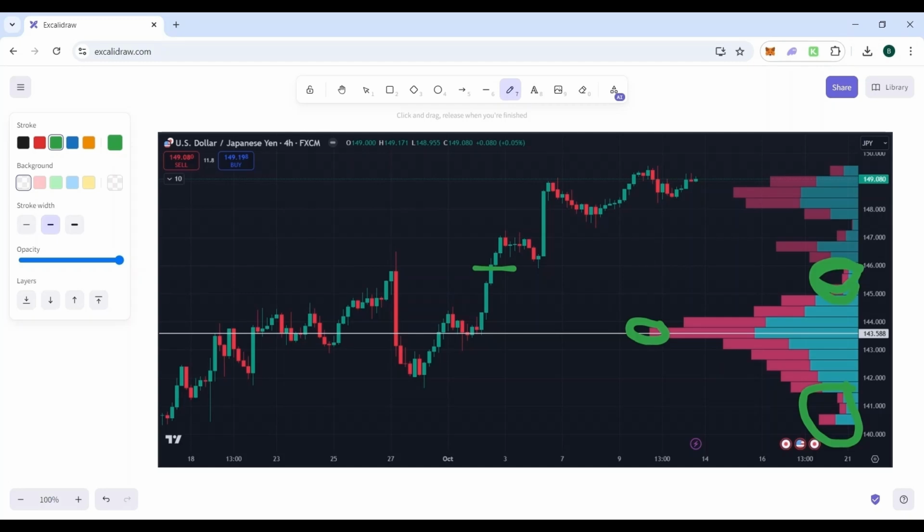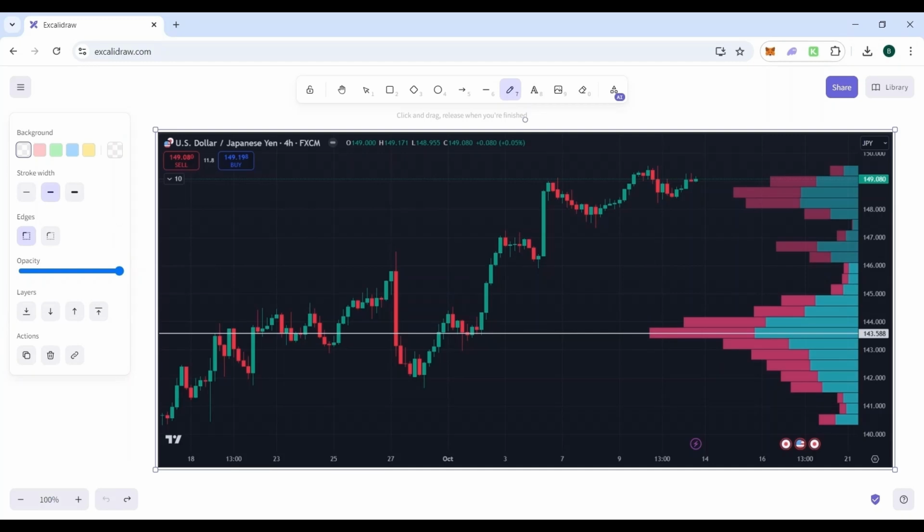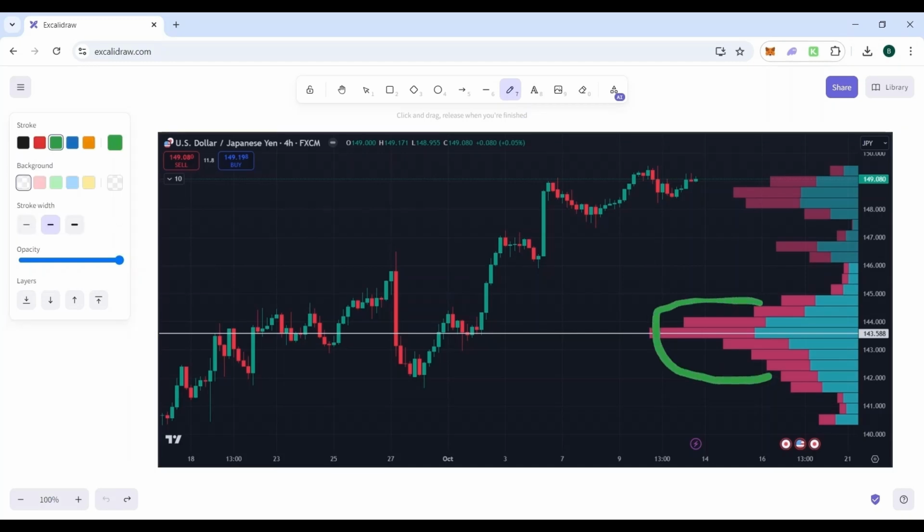But even at that, as a rule of thumb, you shouldn't even trade if there isn't much volume in the market. You should only trade when you see enough volume in the market, like you see in this area. It is an indication that it's a healthy market and there's healthy volume. A lot of buyers and sellers will be sitting around here.